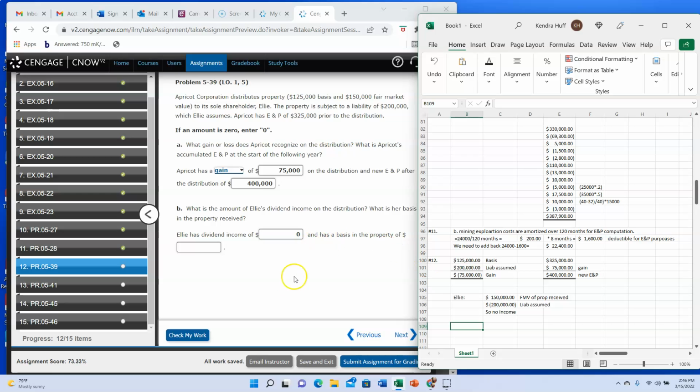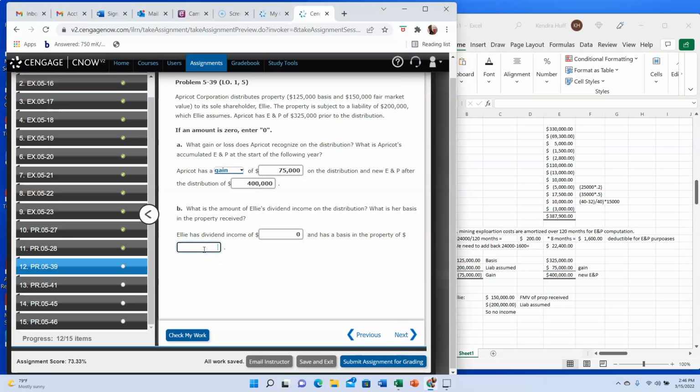And then her basis, the fair market value transfers over. That actually is wrong. The answer is $200,000. Oh, because it's the deemed fair market value of the property, which is the liability.